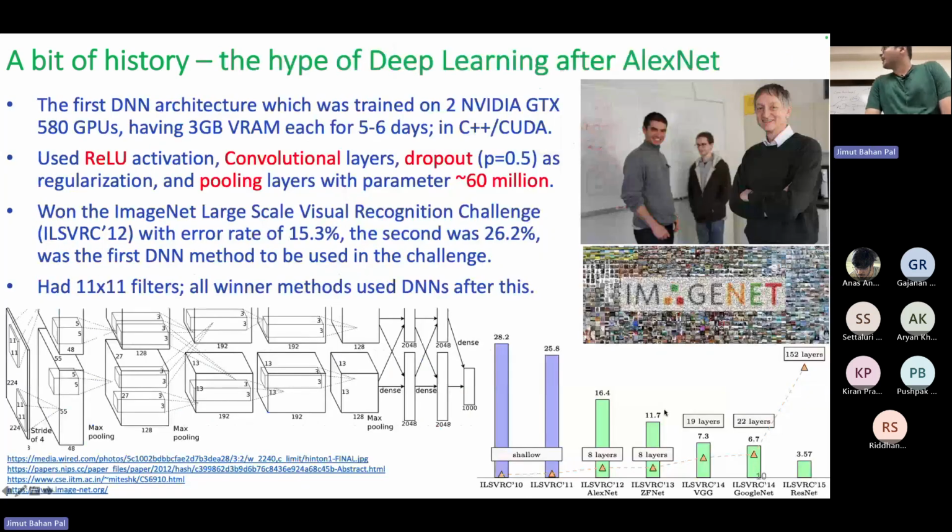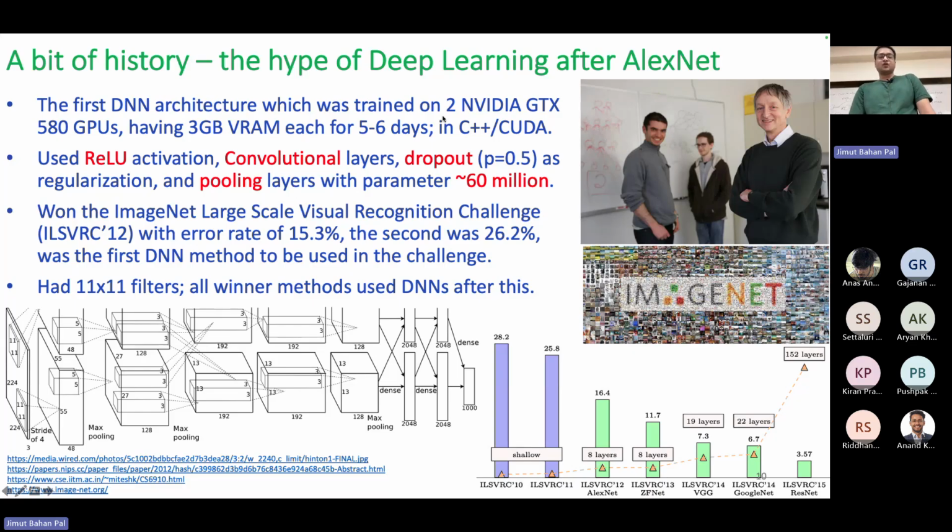The first architecture which contributed to the boom of deep learning was AlexNet. AlexNet was proposed around 2011 to 2012, and it won the ILSVRC ImageNet challenge. It was the first DNN architecture which used GPUs.